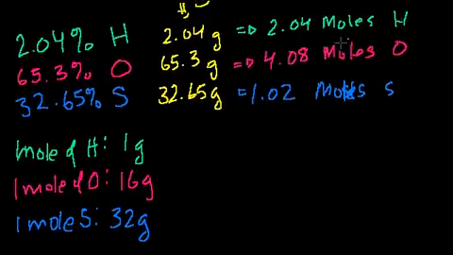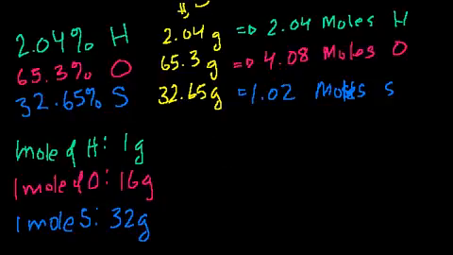So here you should hopefully see a pretty good ratio. The ratio worked out exactly, and that's because I made up this problem beforehand so the numbers worked out. For every mole of sulfur, so for every 6.02 times 10 to the 23 sulfur atoms, you have 2 moles of hydrogen. This ratio is 1 to 2. 2 times 1.02 is 2.04. And for every 1 mole of sulfur, you have 4 moles of oxygen. If you multiply 1.02 times 4, you get 4.08.